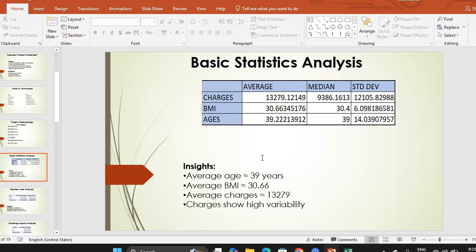The average medical charge is approximately $13,279. The standard deviation of medical charges is relatively high, indicating significant variation in healthcare costs among beneficiaries. This suggests that while some individuals have moderate costs, others incur very high medical expenses.